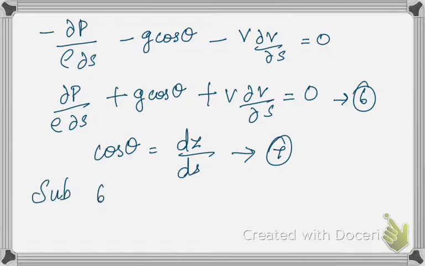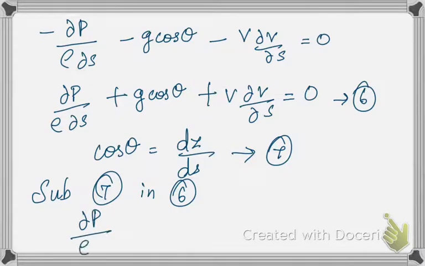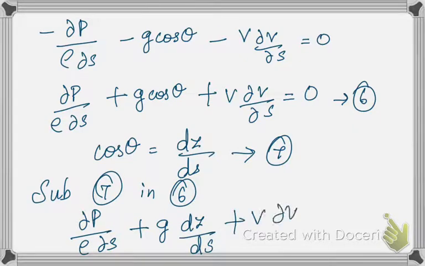So substitute 7 in 6, which becomes ∂p/(rho ∂s) plus g into dz by ds plus v into ∂v/∂s is equal to 0.